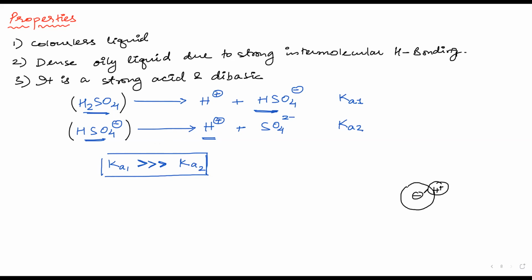This negatively charged anion will be attracting the H positive and will not let it get liberated. That is why Ka2 is difficult. That means the dissociation constant is high for the first case, it is easily dissociated, and in the second case it is difficultly dissociated, right? Yes, sir.